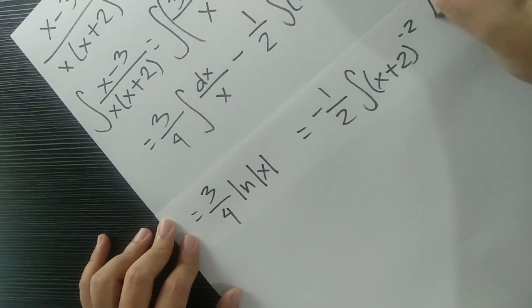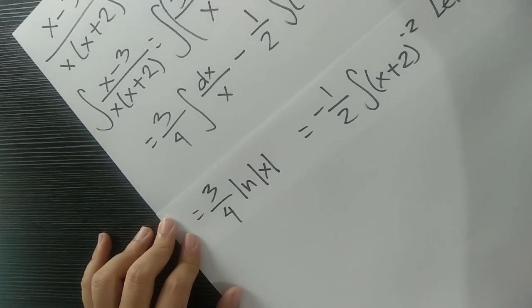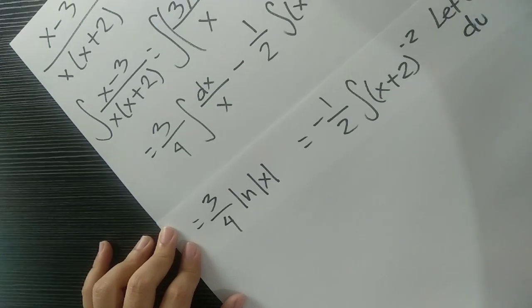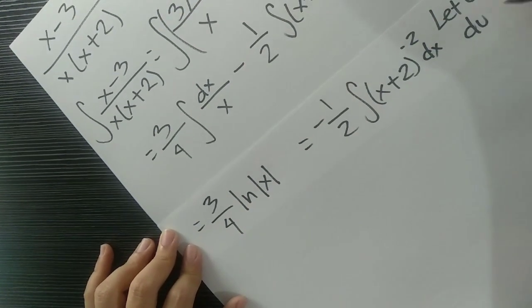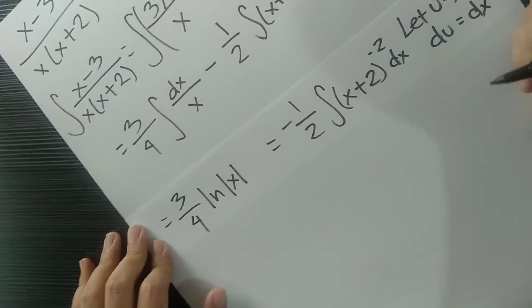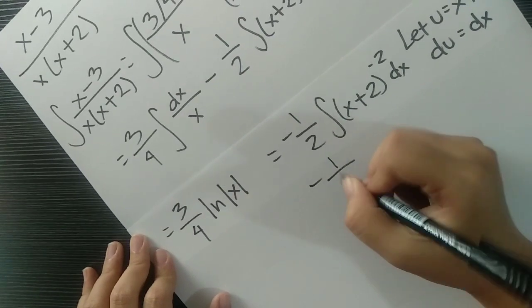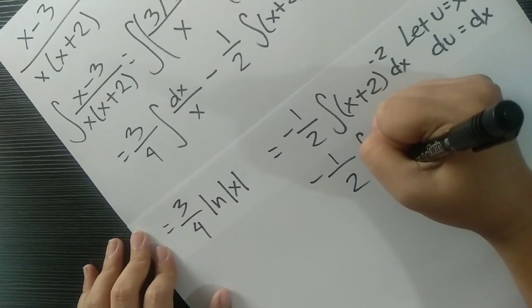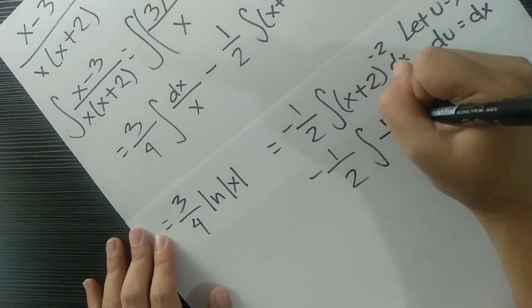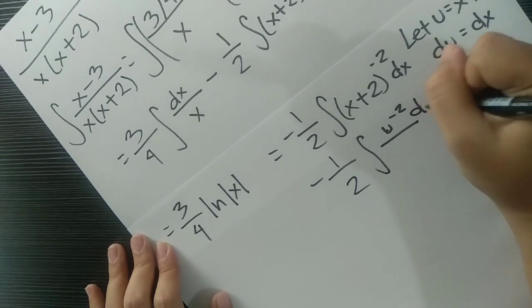Let u be equal to x + 2, so du will be equal to dx. Use the power formula as well. So we have negative 1/2 integral of u raised to negative 2 du.